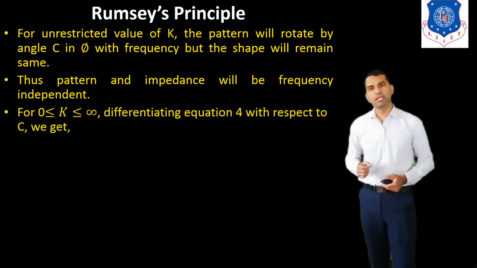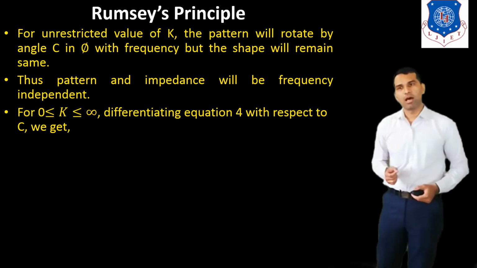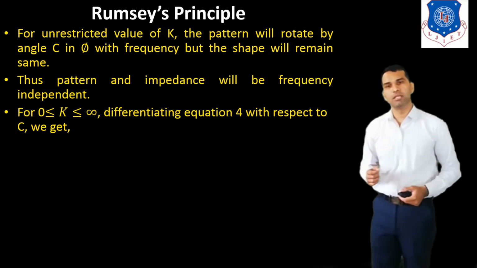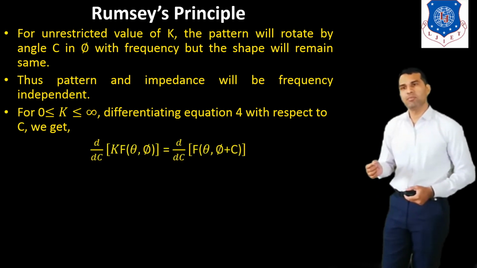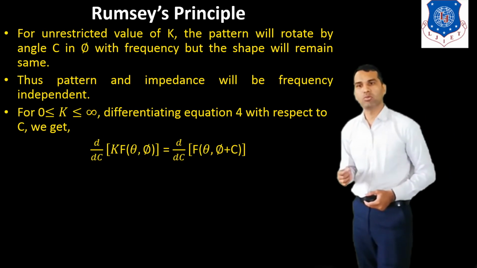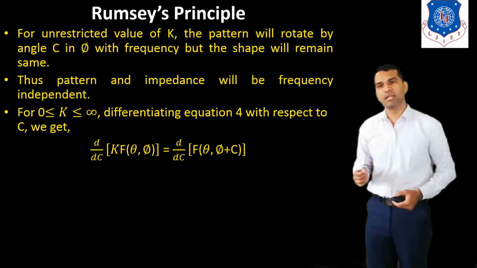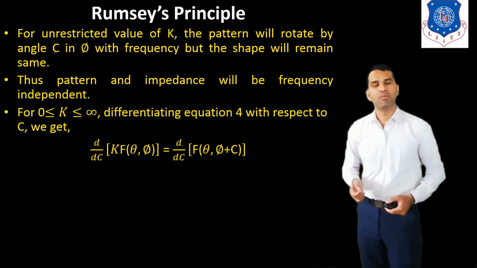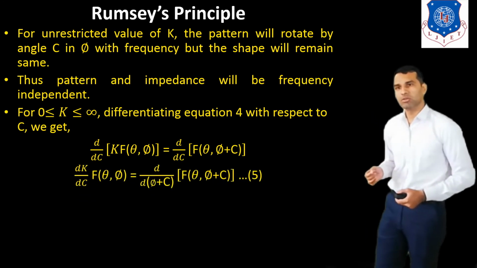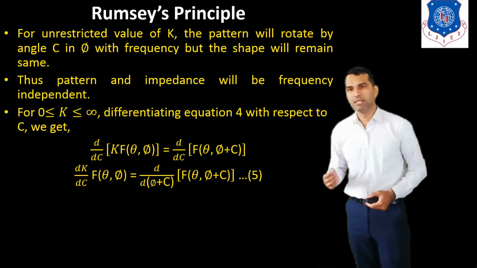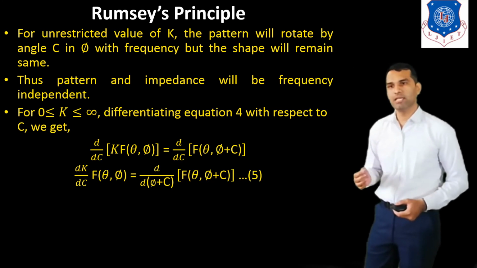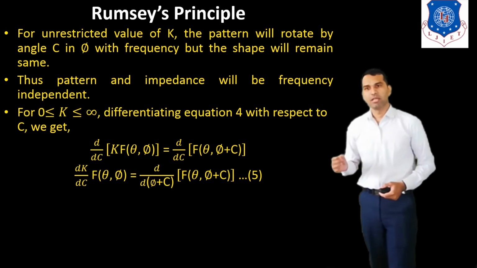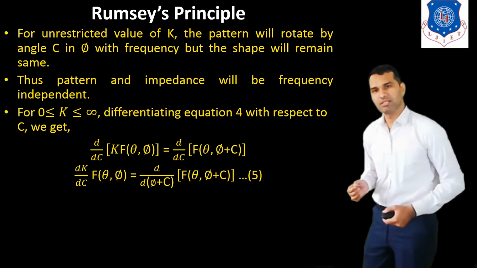For 0 < k ≤ infinity, differentiating equation 4 with respect to C, we get d/dC of k f(θ, φ) = d/dC of f(θ, φ + C). Taking k as a constant, we can write k d/dC f(θ, φ) = d/dφ f(θ, φ + C).